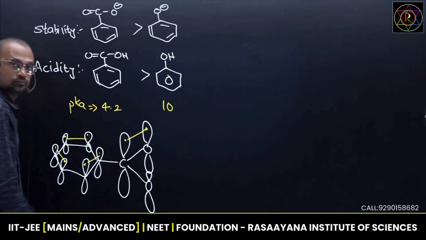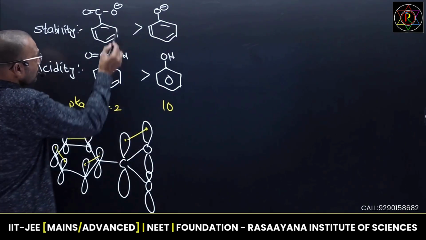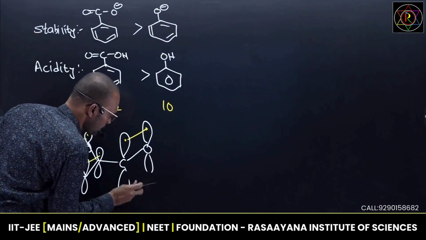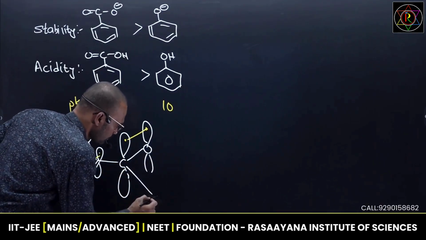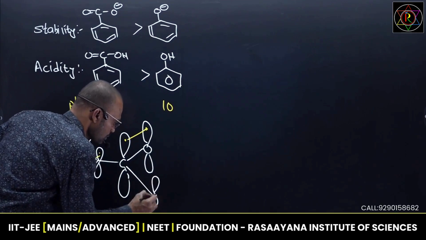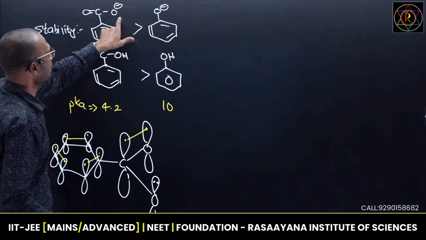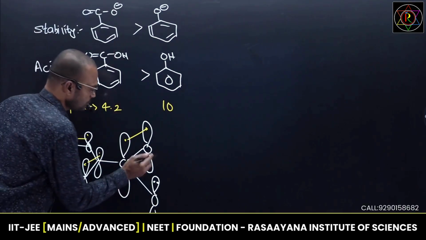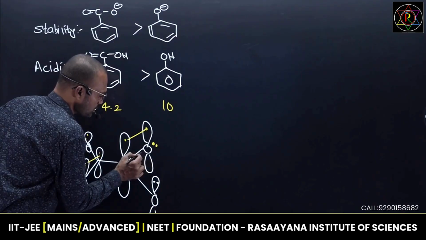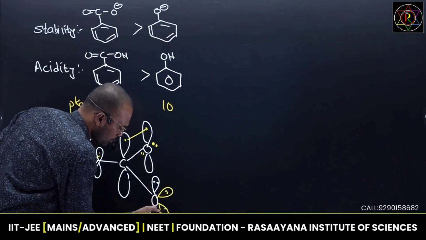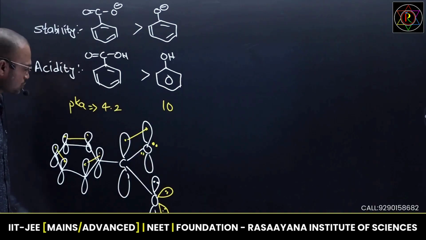And here, O minus means this oxygen carries one extra lone pair. Minus is nothing but one extra lone pair. Here already two lone pairs are present, and here also two lone pairs are present. So this is called benzoate.